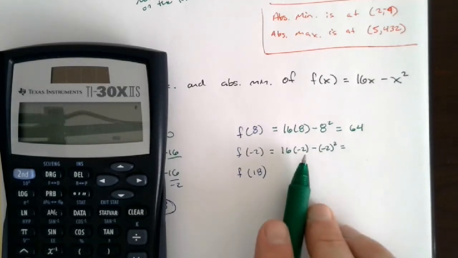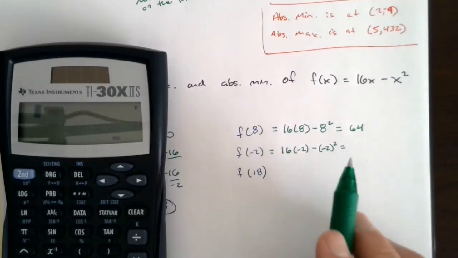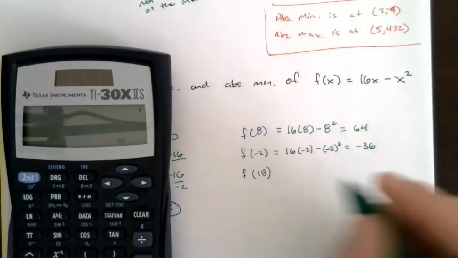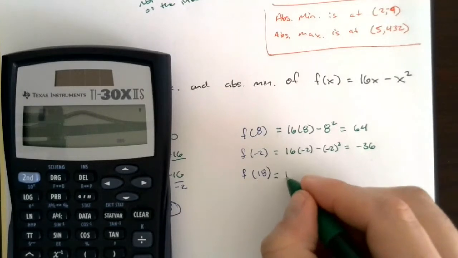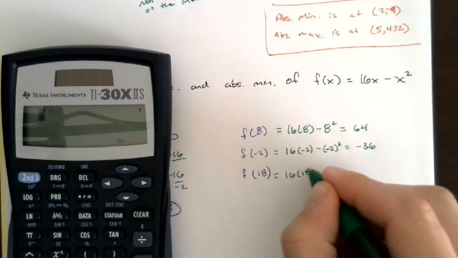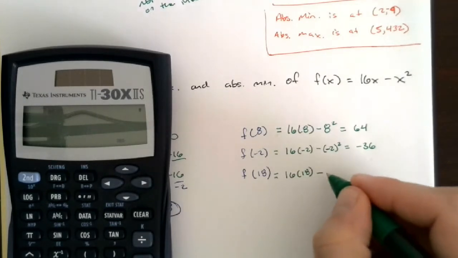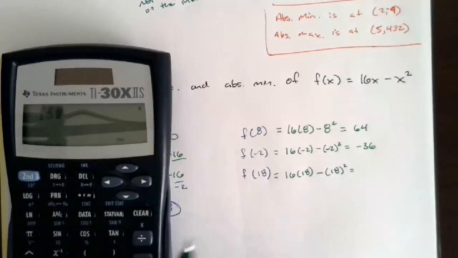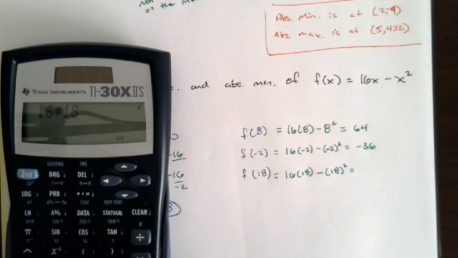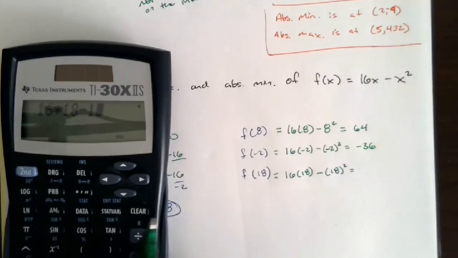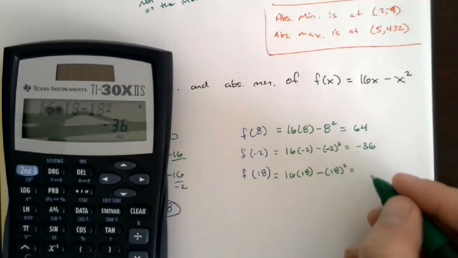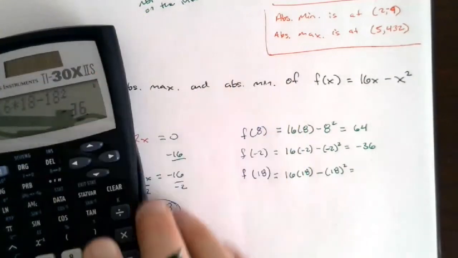So negative 32 minus 4 would be negative 36. You could do it on your calculator if you needed to. And here we got 16 times 18 for f of 18 minus 18 squared. And just taking a look at that, 16 times 18 minus 18 squared gives us a negative 36.